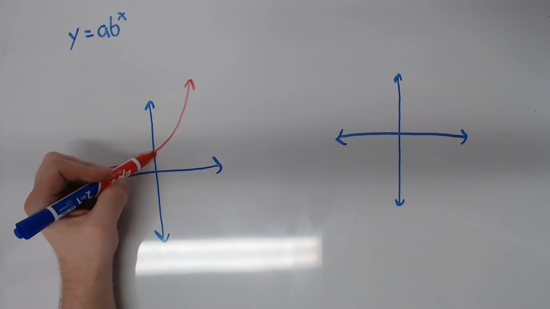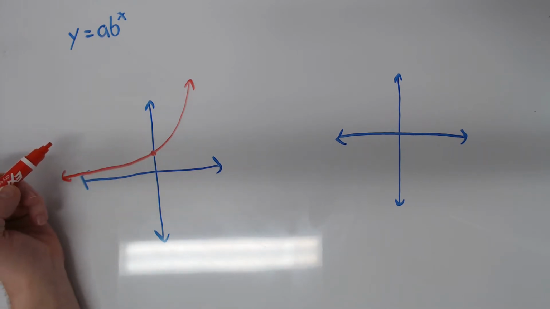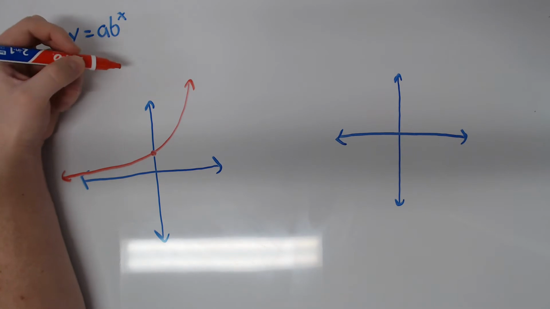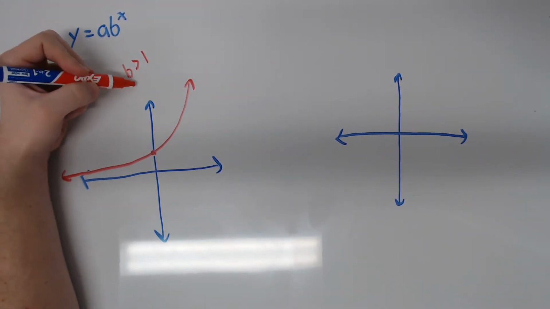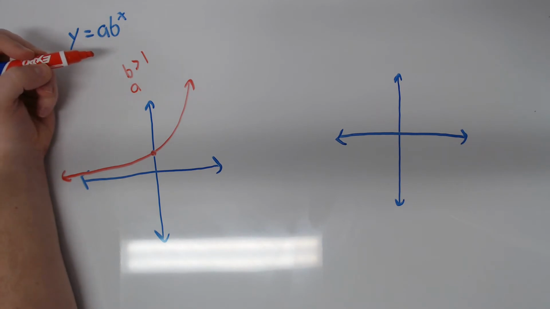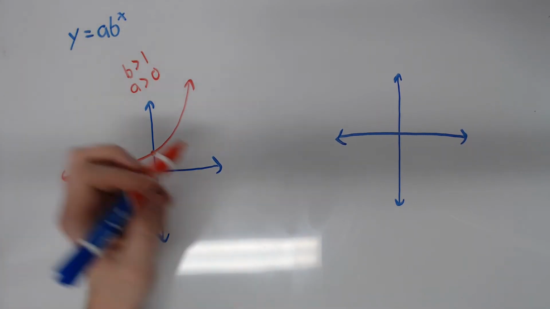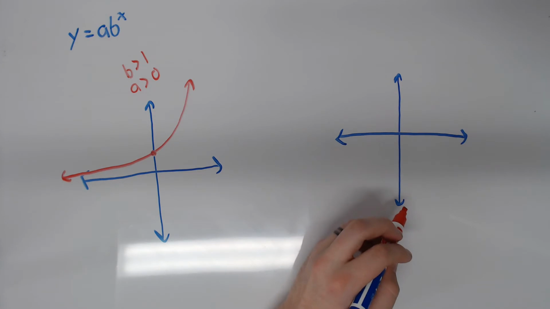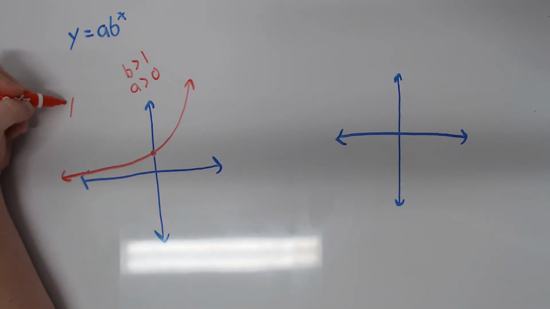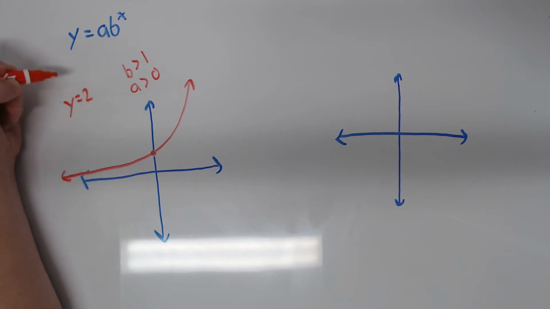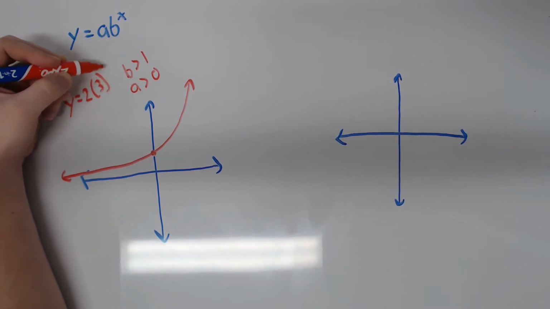And this graph is going to happen when b is greater than 1, and also when a is greater than 0. So let's do some quick numbers that match that. This would be like y equals 2 times 3 to the x.